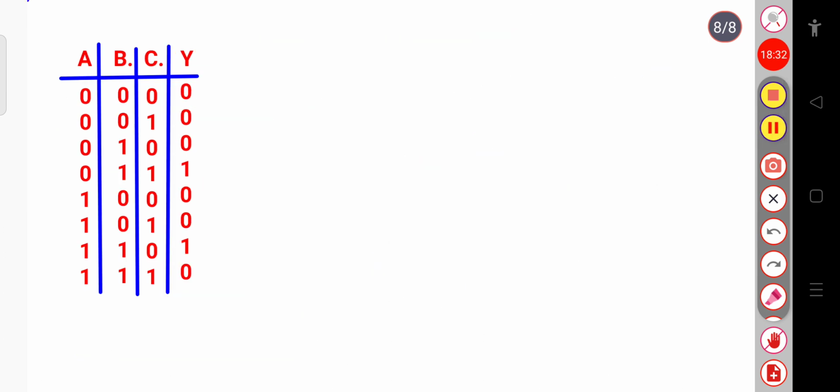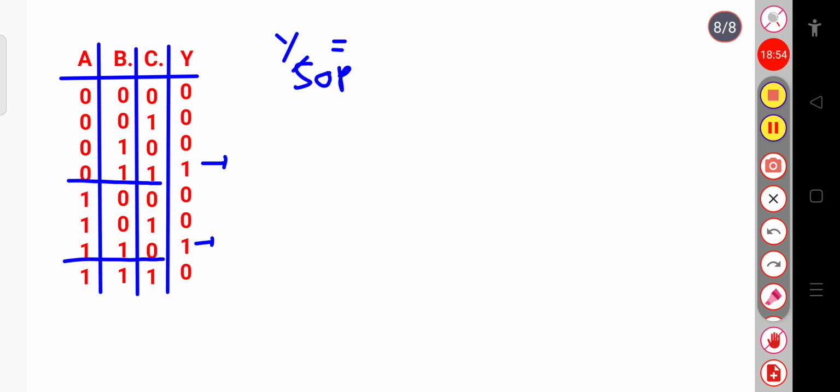Here it is given that you have to minimize this expression. So here I have to write Y SOP and Y POS. So first of all write the Y SOP term. You know you have to write only when the output is high, here you can see for this case and for this case.